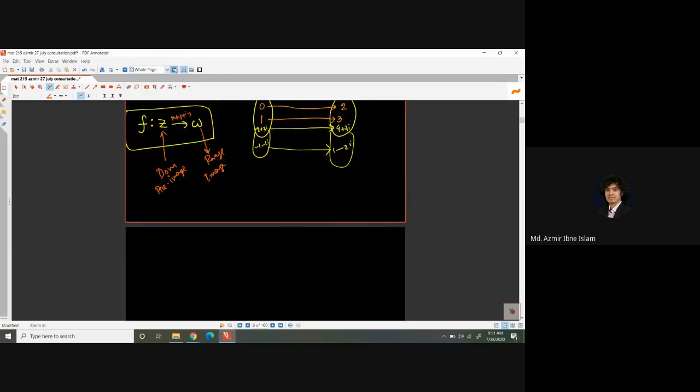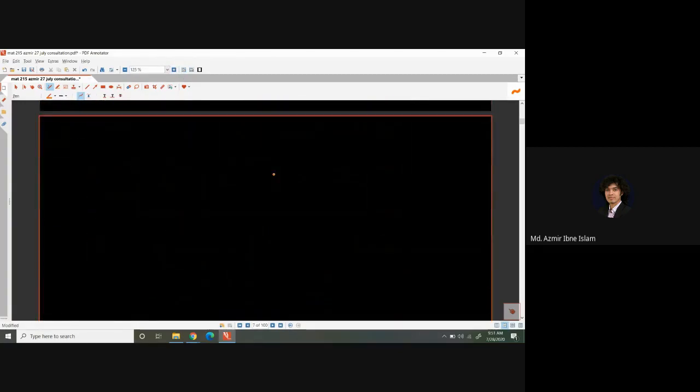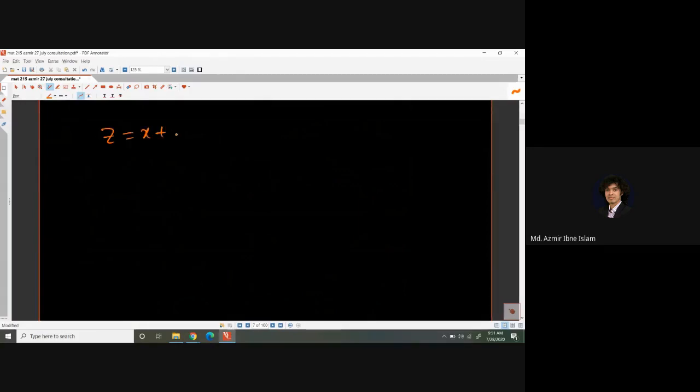Since z is x plus yi, this is also a point, and f of z, we are denoting this as w. So let's say w is equal to u plus vi.